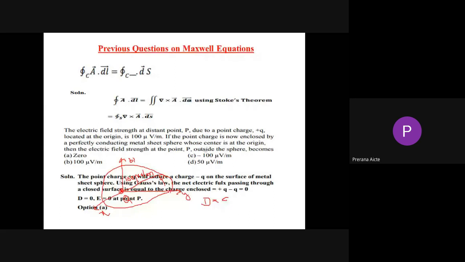So the E value is equal to 0 outside this sphere of the metal surface. Therefore, D is also equal to 0. Therefore the answer is 0. Okay, now next question.